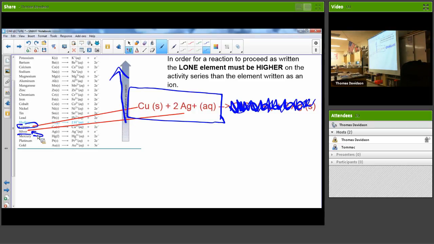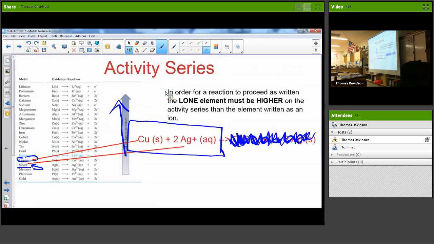If it was written the other direction, it would not work. Okay? So I would write this sentence down. This is super important.